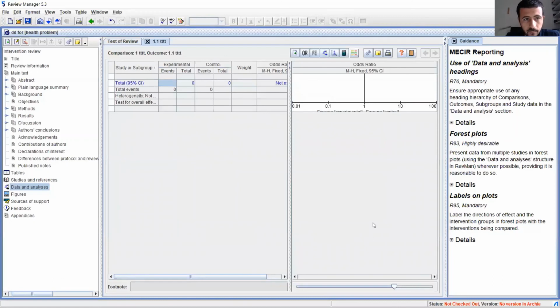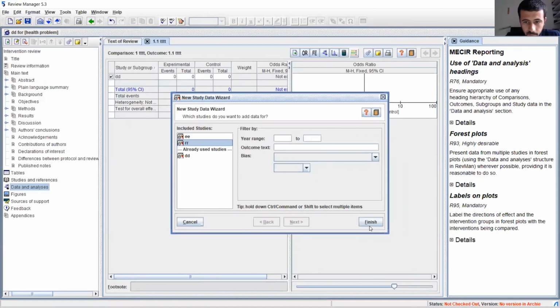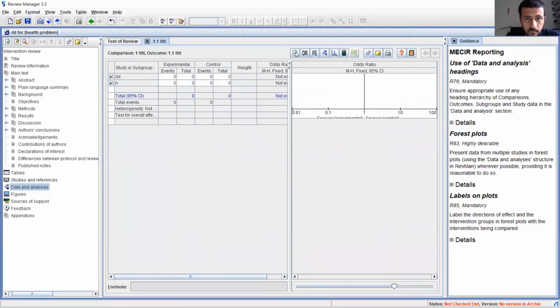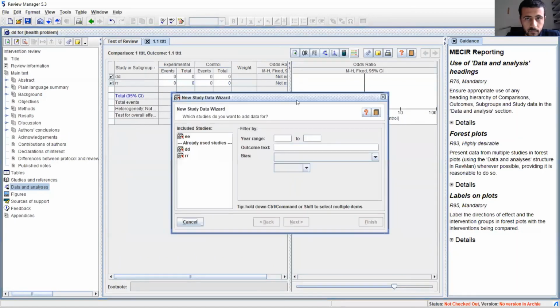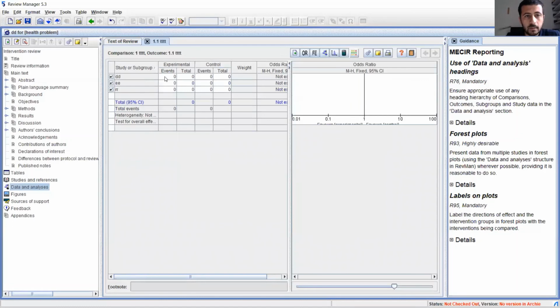DD, RR, E. How many events happened in here? 5. Total 10. In the controls, it just happened in 2 out of 10. And you can see it in here.